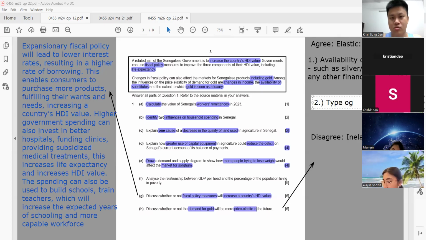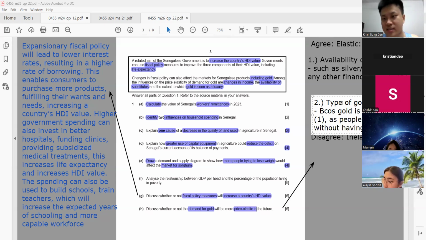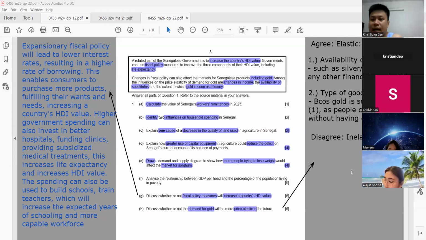Because gold is seen as a luxury, as people can survive even without having gold. It's not a necessity. Okay, done. Disagree.